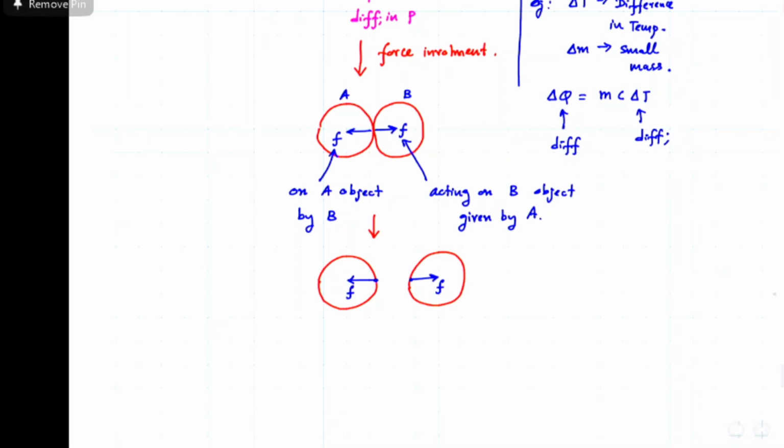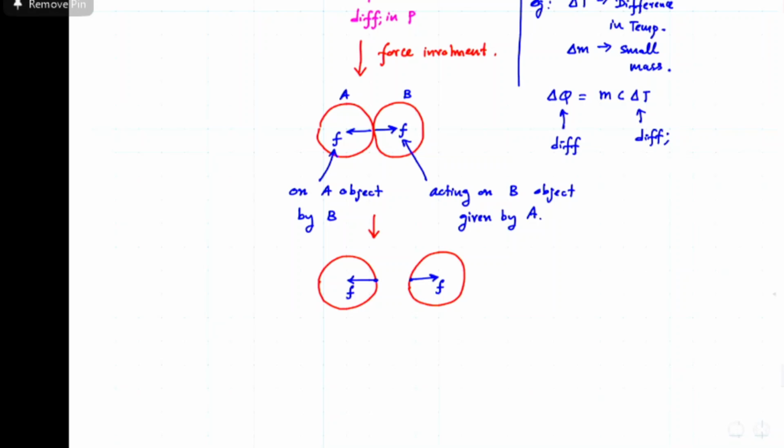Right? Yeah. Now do you understand why I did Newton's third law first? So if you look at this collision, action reaction is happening. Newton's third law. Action reaction is happening.